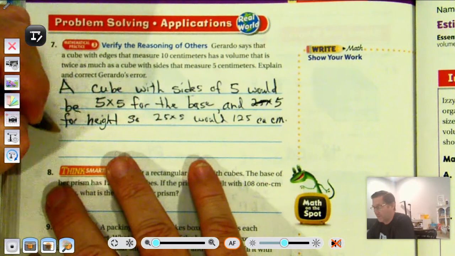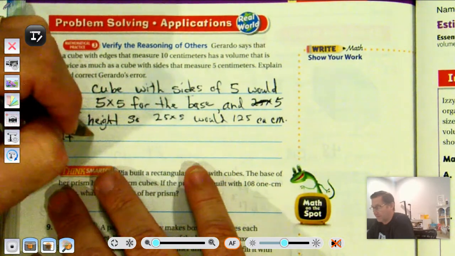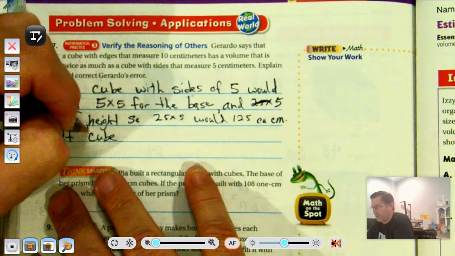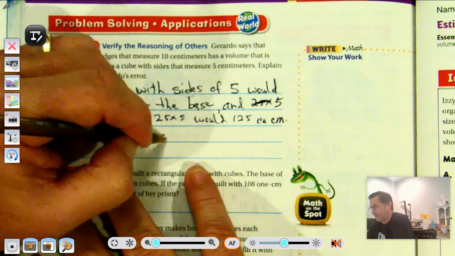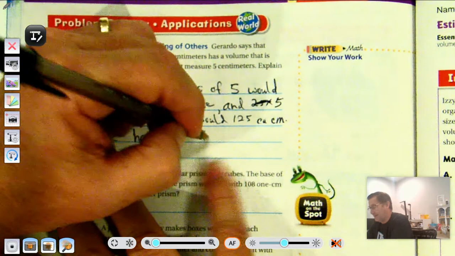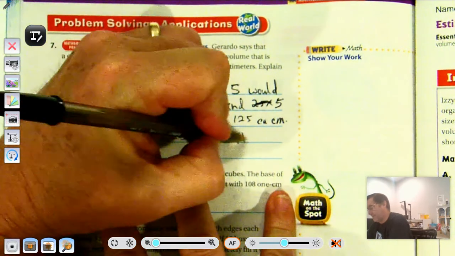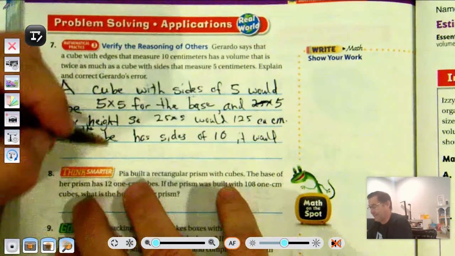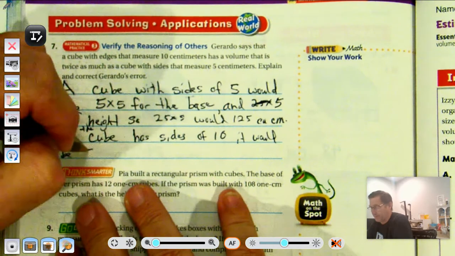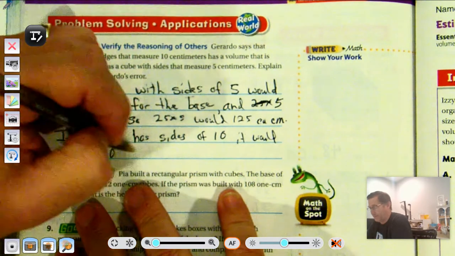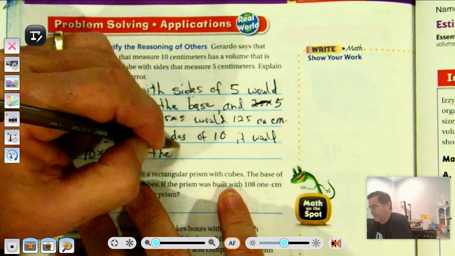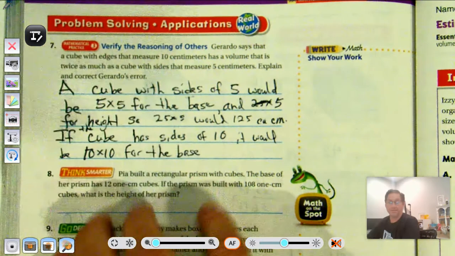If the cube has sides of 10, it would be a base of 10 by 10. So that's 100, right?